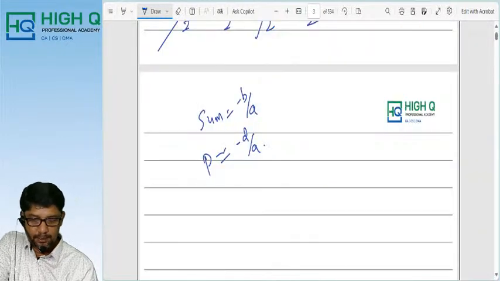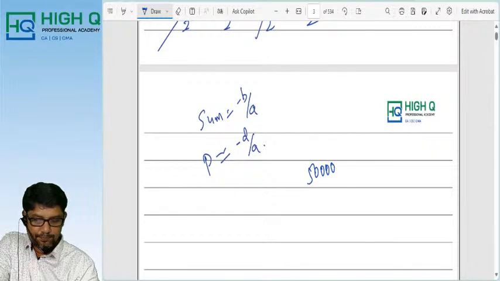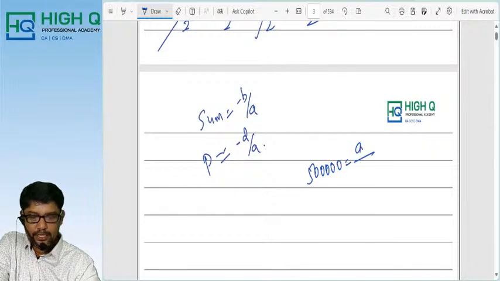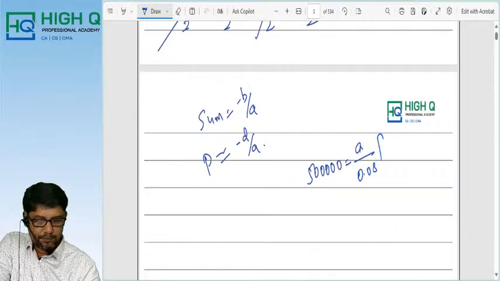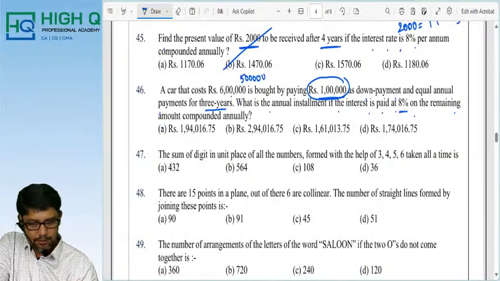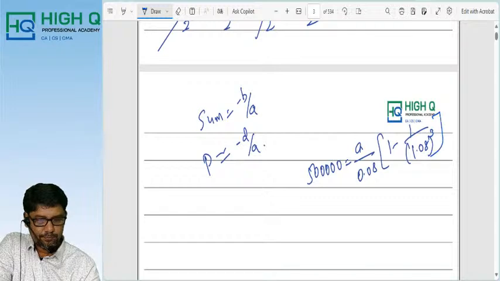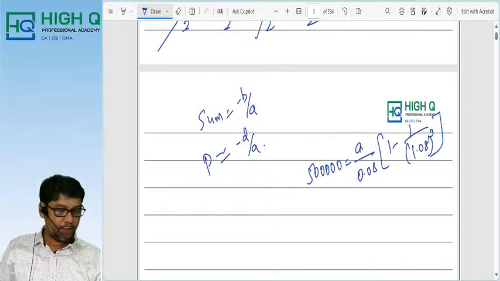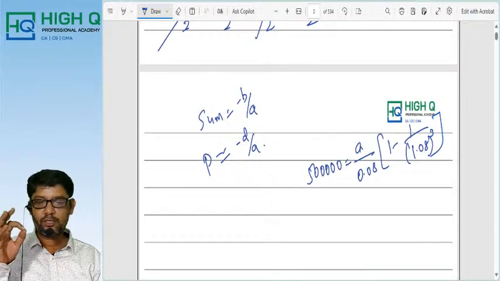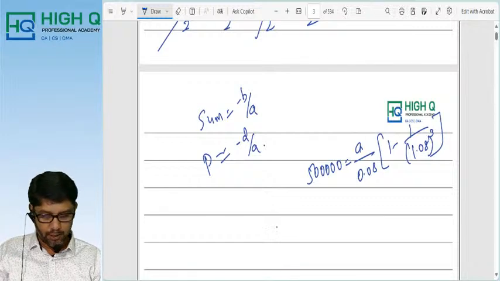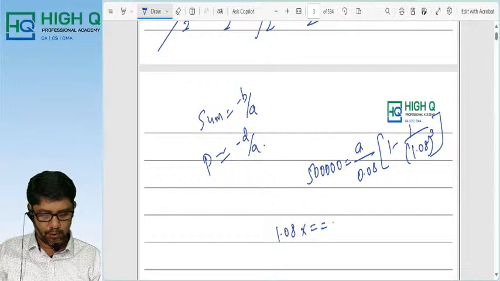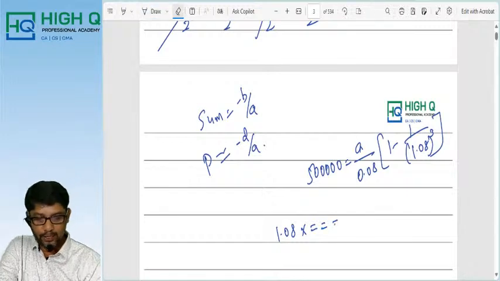So 5 lakhs is equal to A by 0.08 times 1 minus 1 by 1.08 to the power of how many years? 3 years. Can you get me the answer, my dear? If you want to use the calculator method, you will find 1.08 into equal to, 2 times equal to, right?